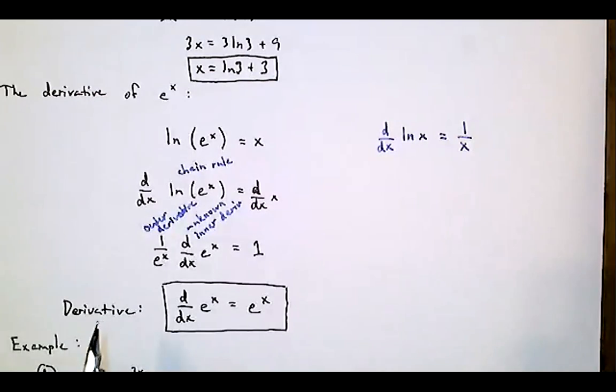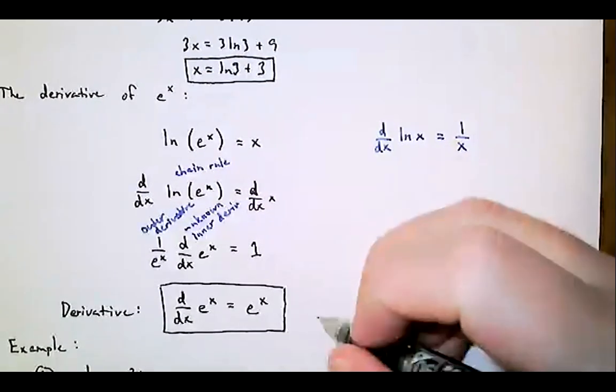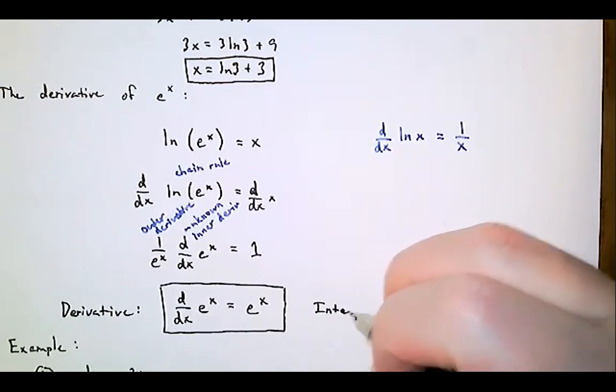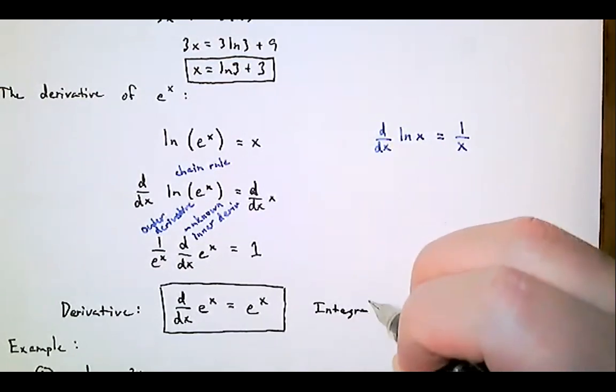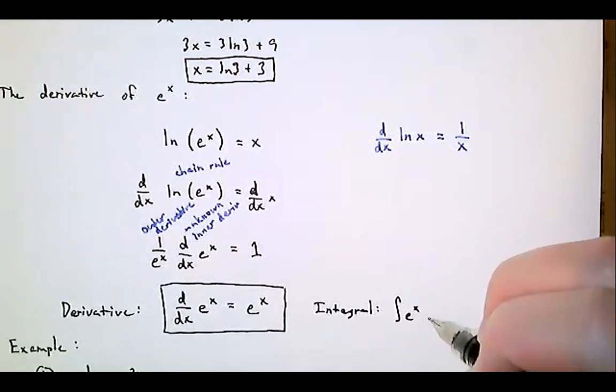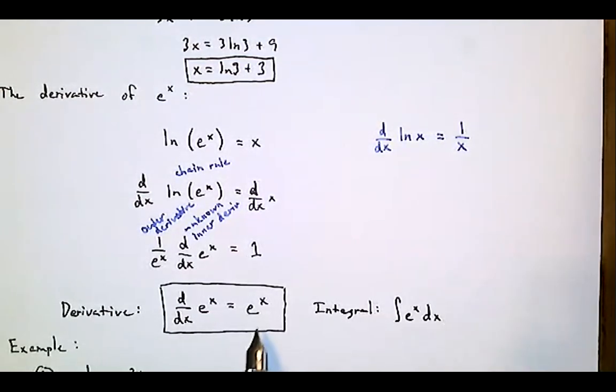Okay, and since we know the derivative, we can also add the integral rule because it's just the opposite. If I take the integral of e to the x, then we reverse the derivative.